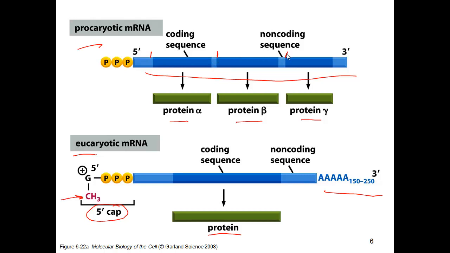Ribosomes will bind here, here, and here, and they'll make multiple proteins from a single mRNA transcript. These proteins are almost always functionally related. In this example, it might be that the 3 proteins are all involved in a particular type of amino acid synthesis. The mRNAs of bacteria are referred to as polycistronic.